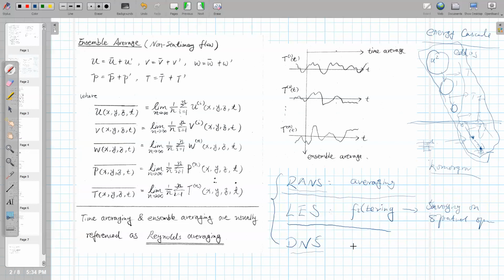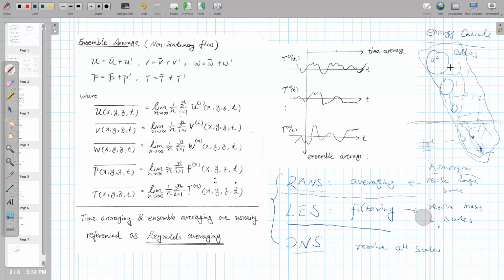And this DNS actually resolves all scales, okay? And LES tries to resolve most scales, okay? And for RANS, some people are saying that it only resolves large scales, because in RANS when you do this averaging, it's like this is more prominent, right?